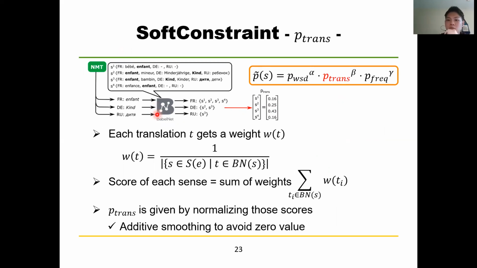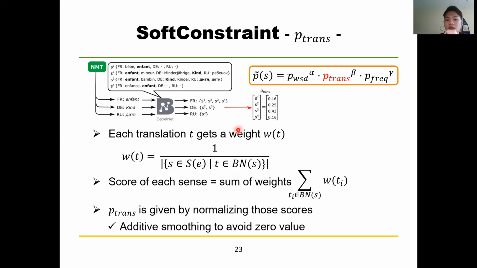So we compute P-trans based on 3 steps. First, for each translation T, we assign some weight W_T computed in this formula. This formula indicates that W_T is computed as the inverse of the number of senses mapped to the given translation T in BabelNet.